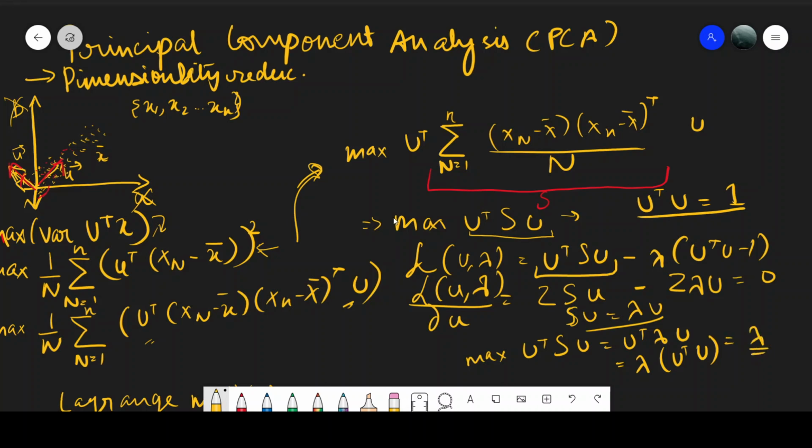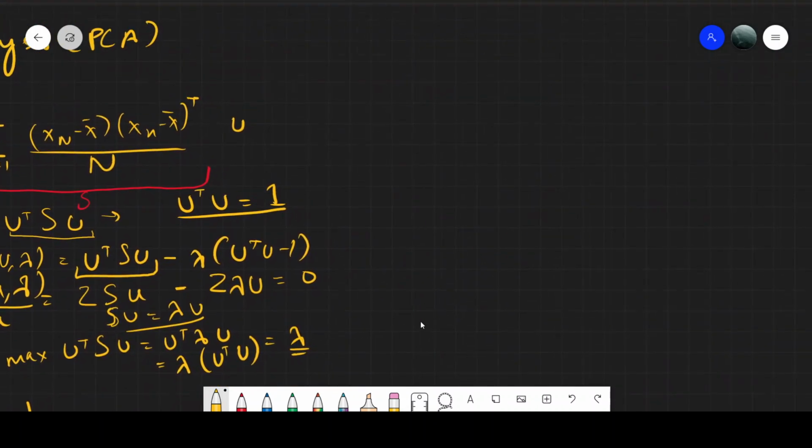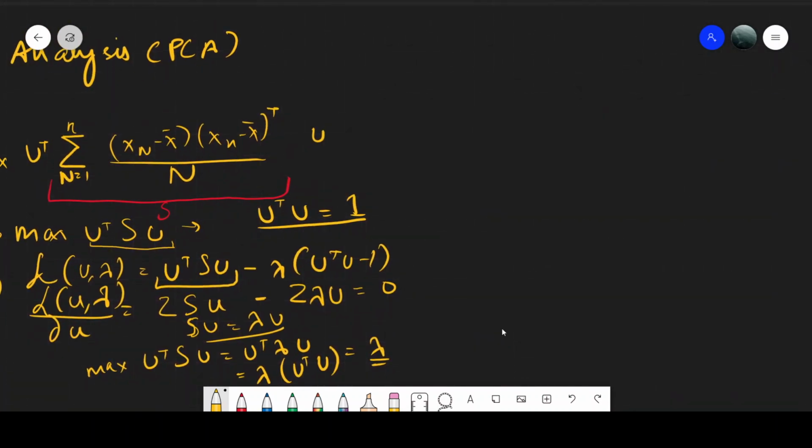So this is the intuitive part. Our optimization problem becomes: if we want to maximize u transpose Su, that's essentially equal to lambda. What this is saying is that the maximum of this is essentially equal to the maximum eigenvalue lambda.